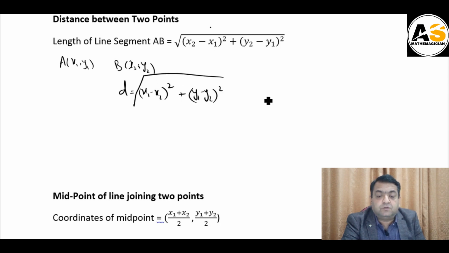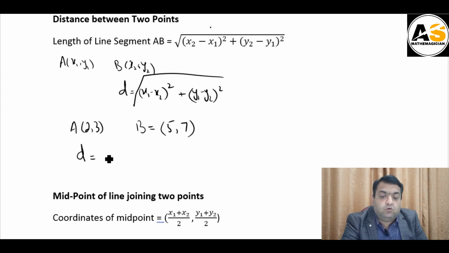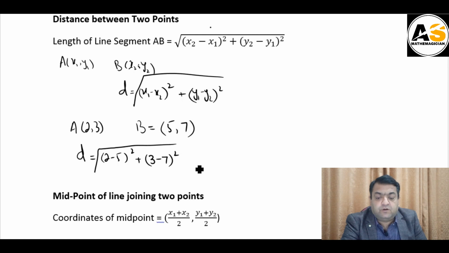To understand this with an example, suppose A is a point (2, 3) and B is a point (5, 7), and we want to find the distance between A and B. That distance will be 2 minus 5 squared plus 3 minus 7 squared, and its square root. 2 minus 5 is minus 3, so minus 3 squared will be 9. 3 minus 7 is minus 4.